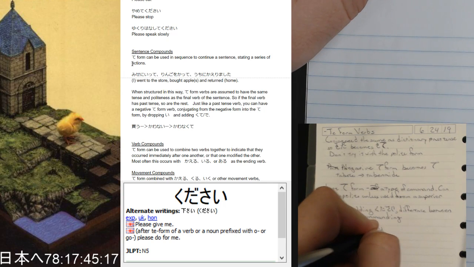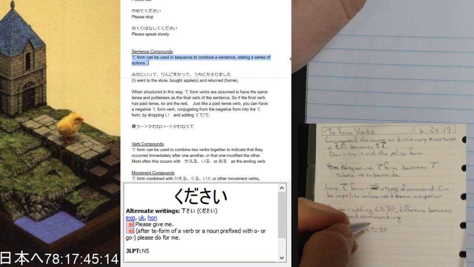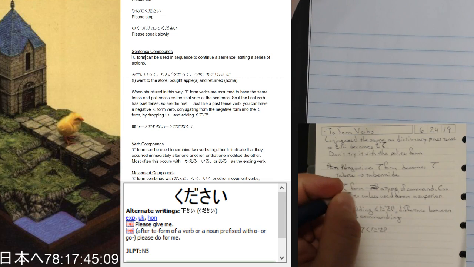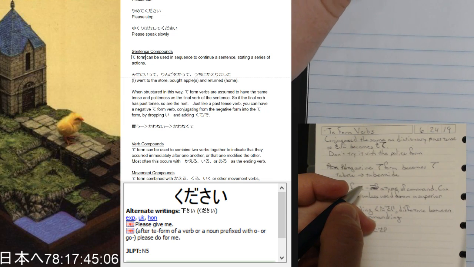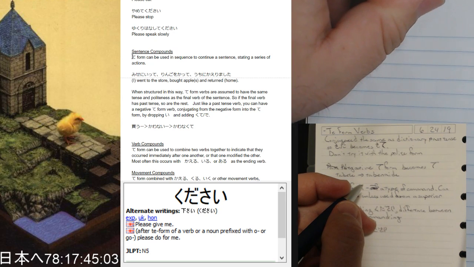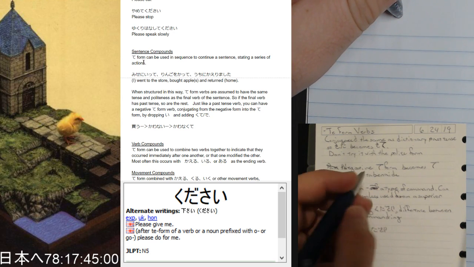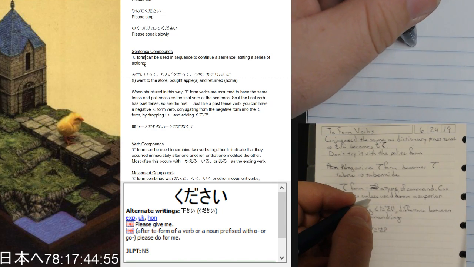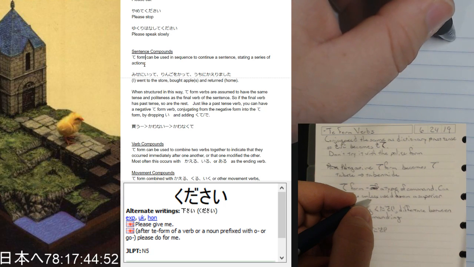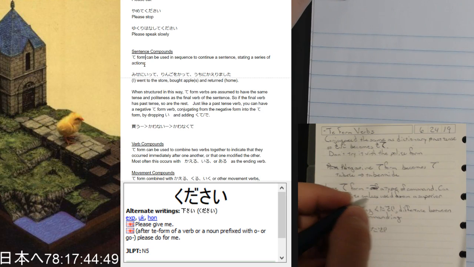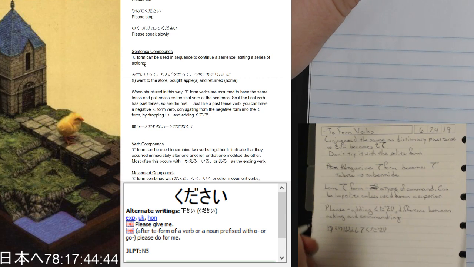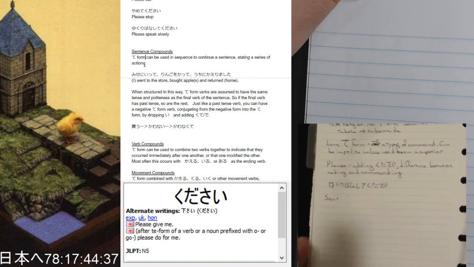You can do that using a number of ways, but one of the simplest ways is stringing a sentence ending in a te form verb followed by a sentence ending in a te form verb followed by a sentence ending in a regular conjugated verb, assuming that all the previous te form verbs are conjugated in the same way as that verb.